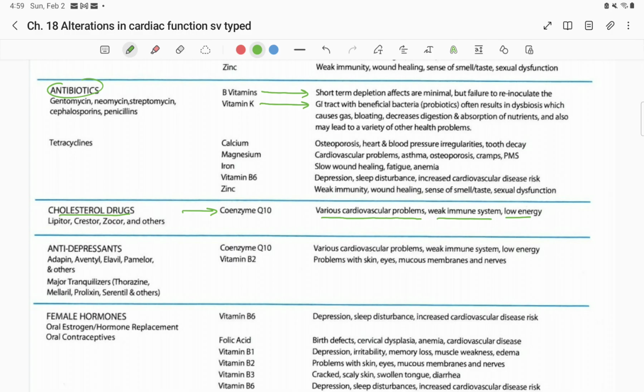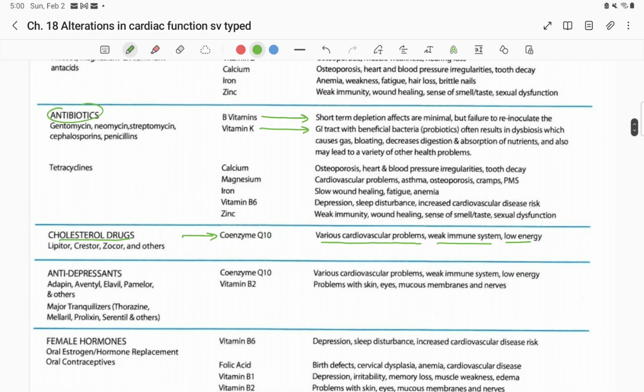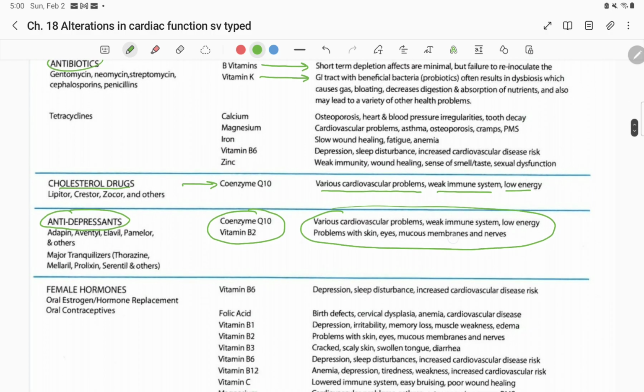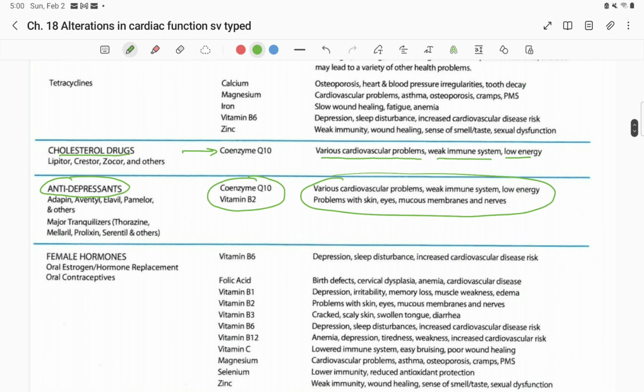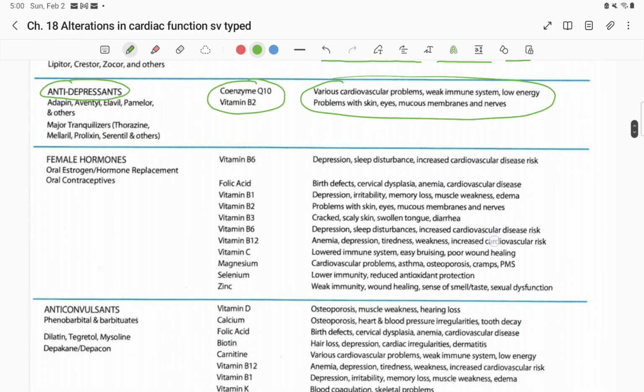If you are on any medications, I would read which medication you're on, what deficiencies it's causing, and then the potential side effects because of the deficiencies. Once we've established that you have certain deficiencies, then we try to reverse that. Let's get you undeficient. Let's get this back into your system.